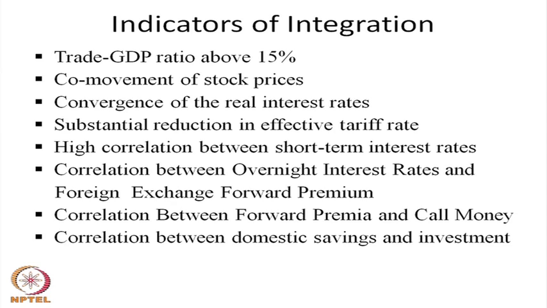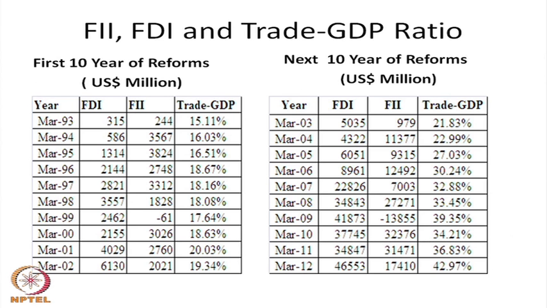So, these are some indicators of integration, and using these indicators we have to understand the extent of integration in the Indian financial market. If you see FII, foreign institutional investment, foreign direct investment, and the trade-GDP ratio in the Indian context, I tried to examine all these in two different phases.